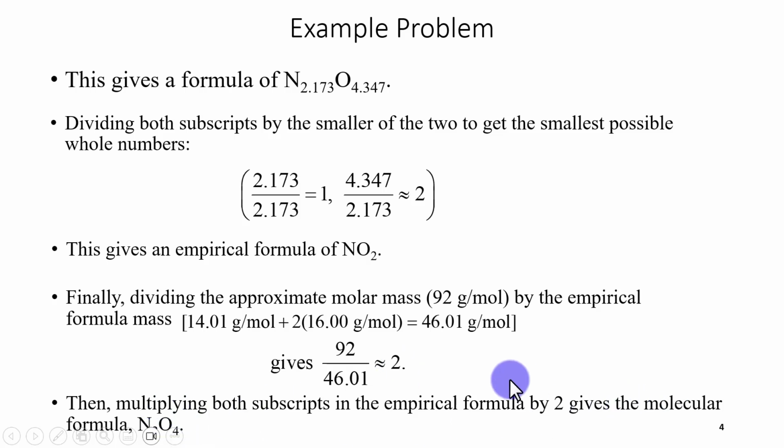So my molecular formula is N2O4. N2O4 should have a molar mass of approximately, once again, 92 grams per mole, because that's the molar mass that I'm given.